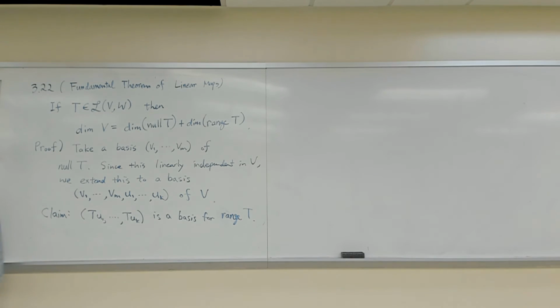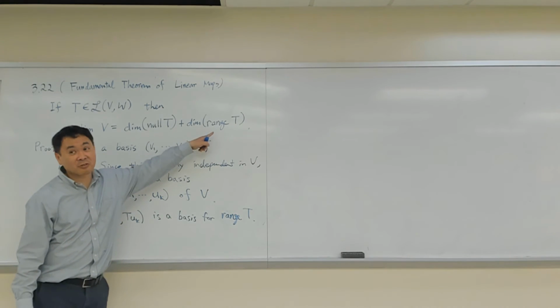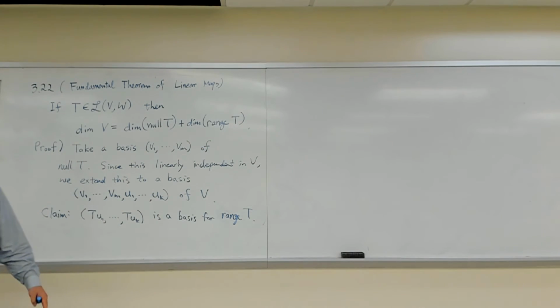If we show that, then we are done, because that shows that range T is dimension K, and of course M plus K is M plus K, and we're done. Okay, so we just have to show this and we're done, right?